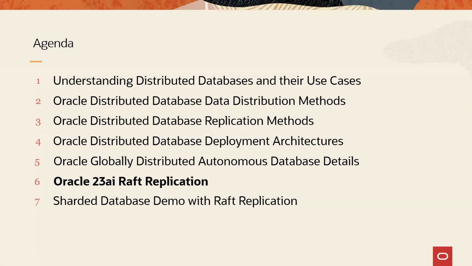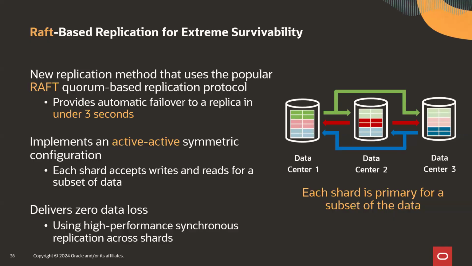Now, let's look at the Raft replication. It is, as I said, a new way that implements a very industry standard protocol known as Raft to replicate data. And in that case, you replicate data within a shard group of a certain number of shards. Your data, not only is it distributed, but it is put into replication units. And we use what is called in Raft vocabulary a replication factor of 3, which means that each replication unit gets 2 copies, so 3 in total, if you will.